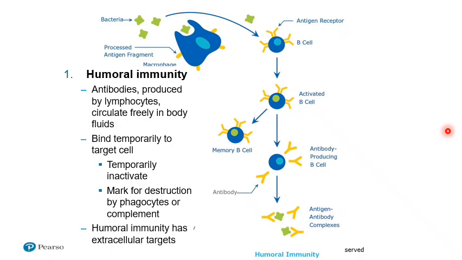The humoral immunity has extracellular targets. They need to recognize and be able to target components of the microorganism that are extracellular, and you call these the antigenic markers. Call them antigens.